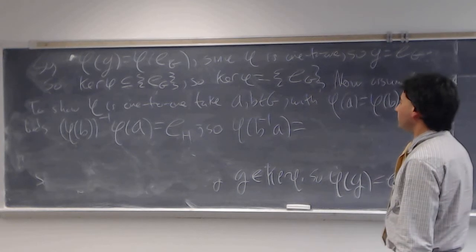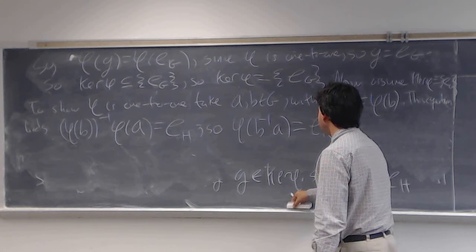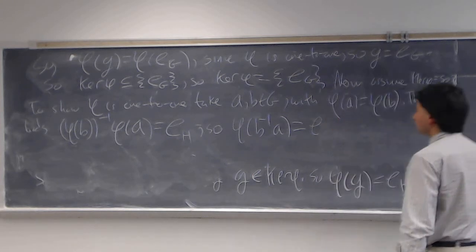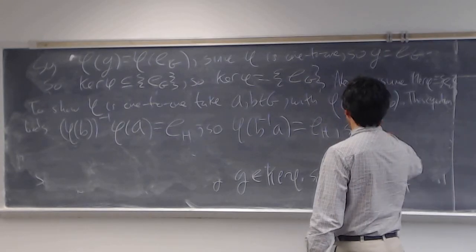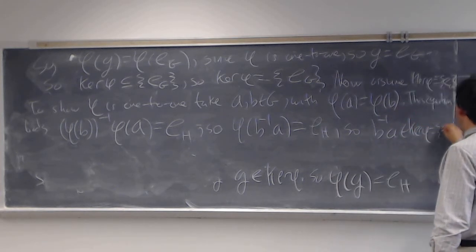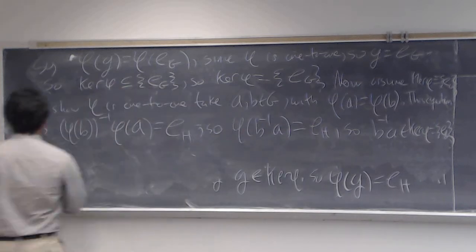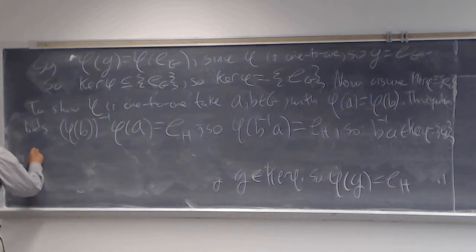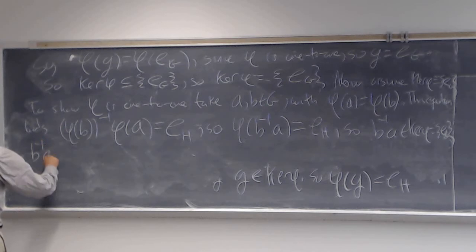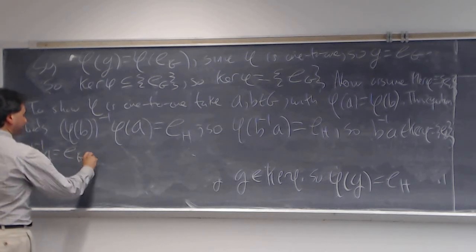So this would have to equal e_H, so that tells us b inverse a is in the kernel of phi, but the kernel of phi is just the identity element of G. So we would have b inverse a has to equal e_G.